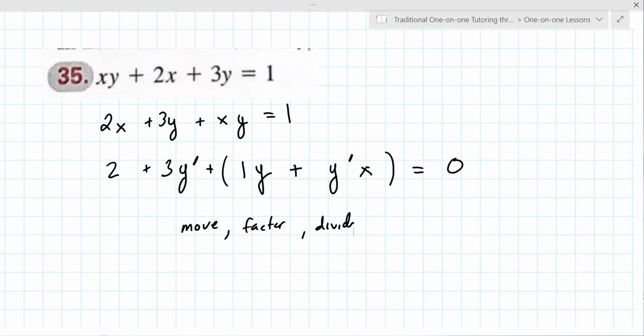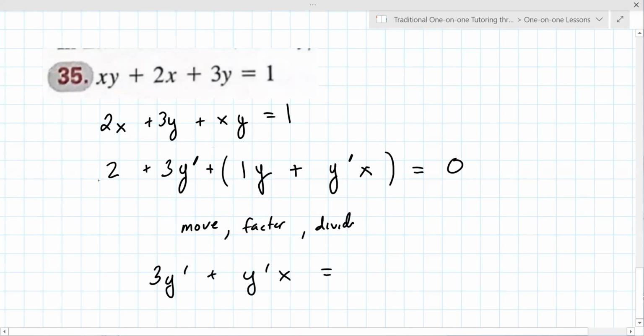So 3y prime plus y prime x. I would keep the y primes on the left, and then you subtract 2 and subtract the y. Then you take out the y prime.